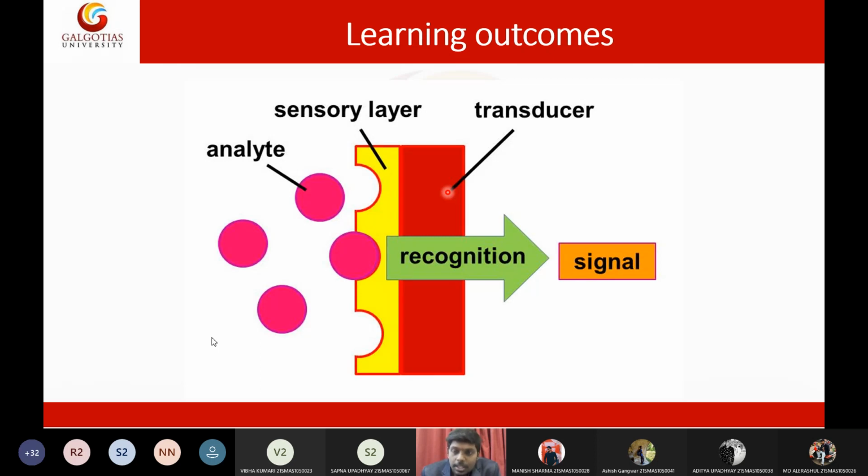He has been nominated twice or thrice for the Nobel Prize. I hope you know the Nobel Prize is the highest prize that a scientist can get. So now you can understand the potential applications of biosensors.